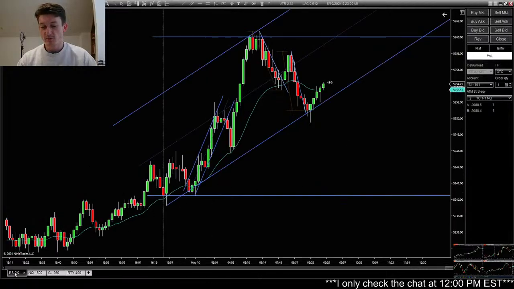So I don't really have many expectations for prices right now. I don't see anything super clear as far as anything that I'd really want to take.